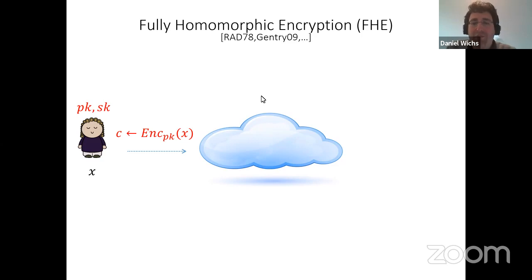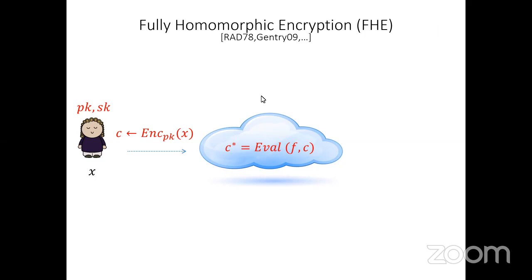But there's this extra amazing capability, which is that the user can take the ciphertext and send it to someone, let's say upload it to some cloud server, and then ask the cloud to evaluate some function F over the encrypted data. So there's some additional homomorphic evaluation procedure, Eval, that takes as input a function F, usually represented as a circuit, and the ciphertext C, and it outputs a new ciphertext C star.